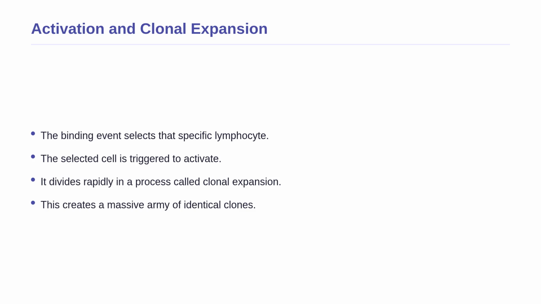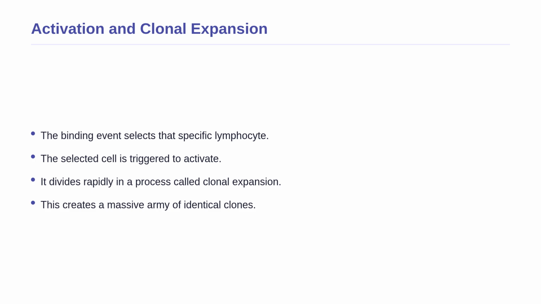So what happens when that perfect match finally occurs? This binding event is the selection in clonal selection theory. The antigen literally selects that specific lymphocyte out of billions. Once selected, the lymphocyte is triggered to activate and undergoes a process called clonal expansion.